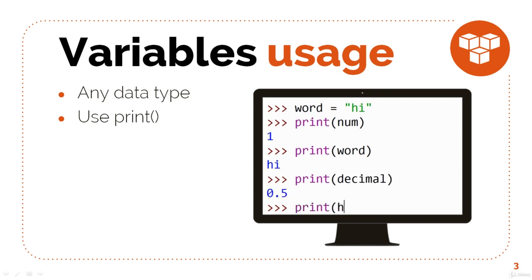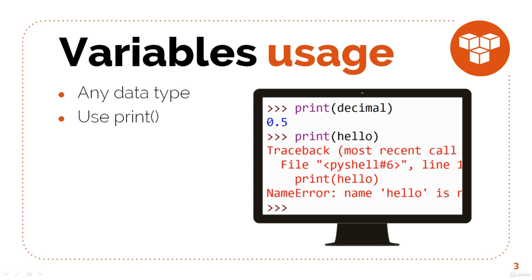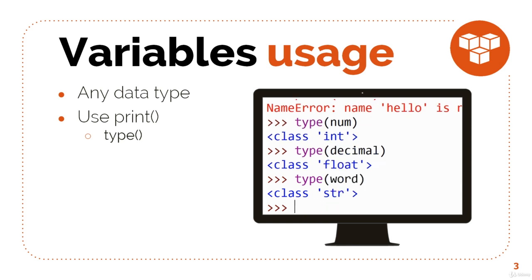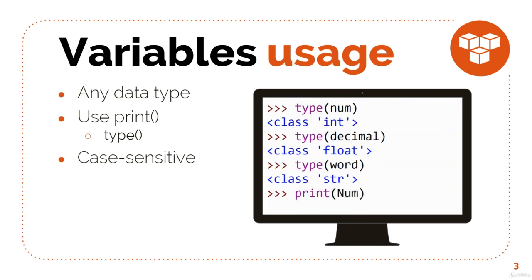Just make sure the variable exists before using print or you will get an error, as the Python interpreter reads line by line. You can also use many other functions with the variables too. For example, you can use the type function, which will check the data type of a variable. Another thing to remember is that variables are also case sensitive, so make sure you use the same case or you will get an error.